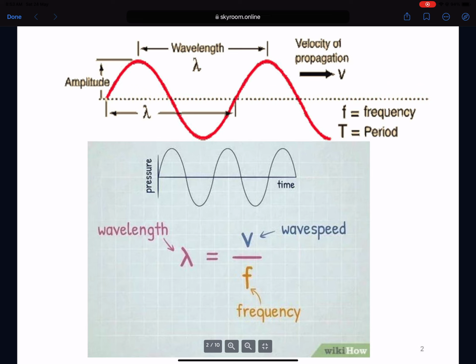Or when I tell you we have an ultrasound wavelength which we want to use for imaging of the liver, and the wavelength is 2 micrometers, it means that one point is here and the other point is just 2 times 10 to the minus 6 meters away. 2 micrometers is a very short wavelength.